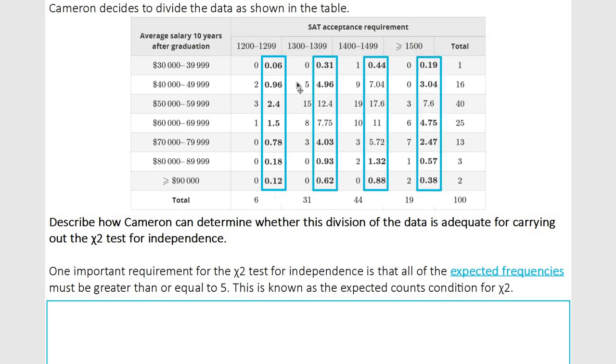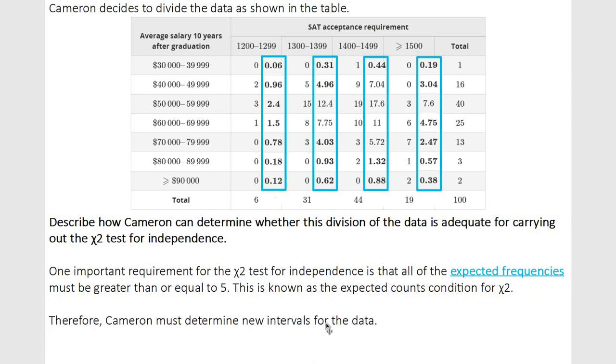So these are the expected frequencies. Notice that we have a lot in bold because they are less than 5, and that's a problem. So based on the expected frequencies, we must adjust the intervals.